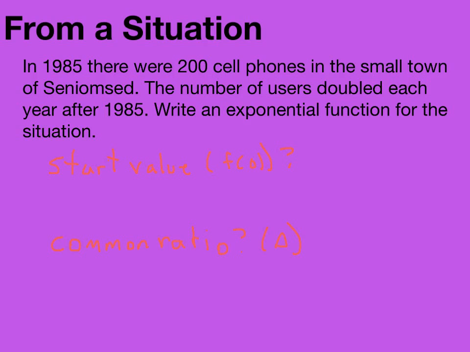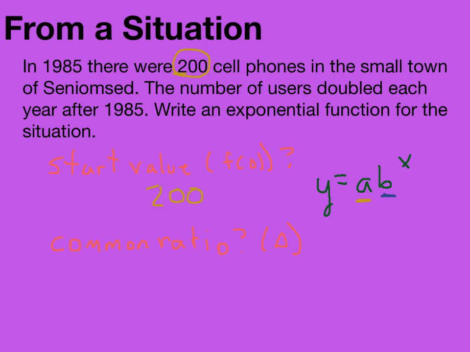Okay, so we know with our exponential functions, we have y equals ab to the x. We know that a represents that starting value. Well, here it says starting value was 200. So our start value is 200. Then we have to look for that common ratio, this piece right here. So how did these phone users change?